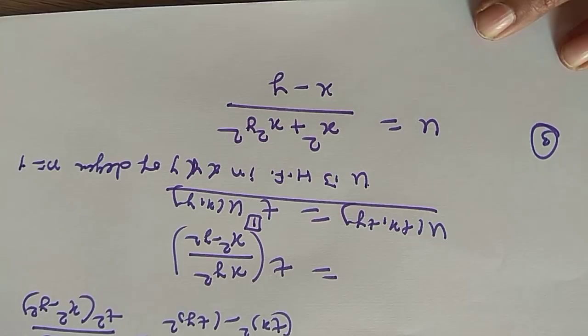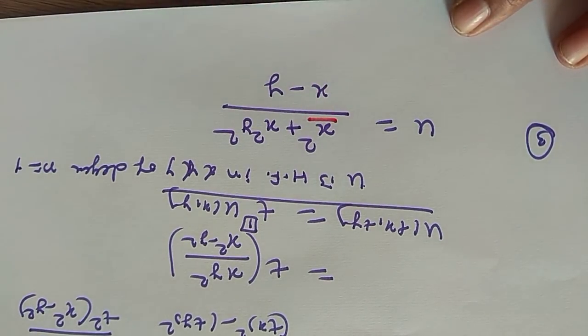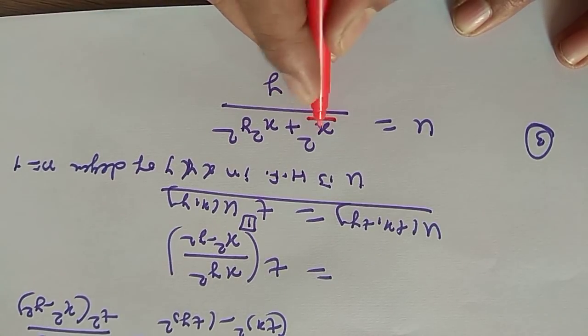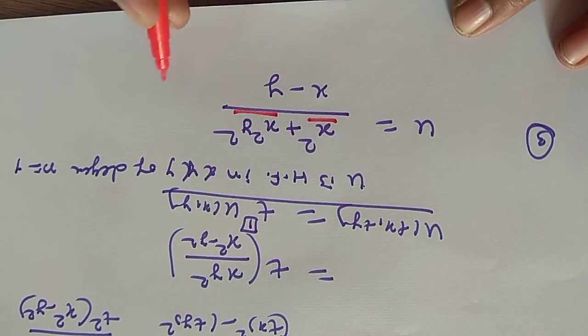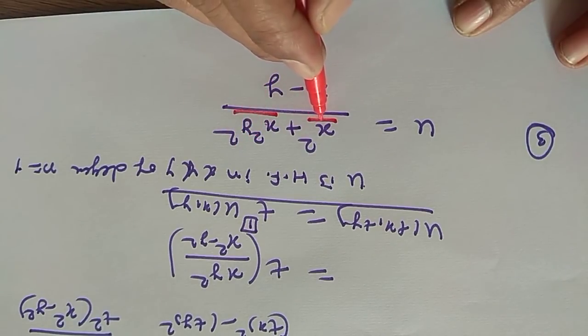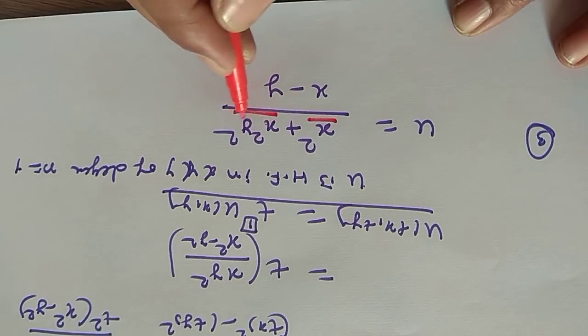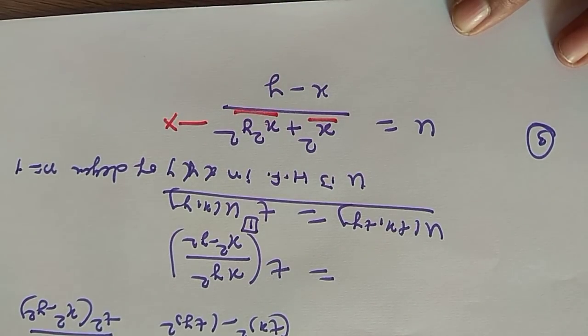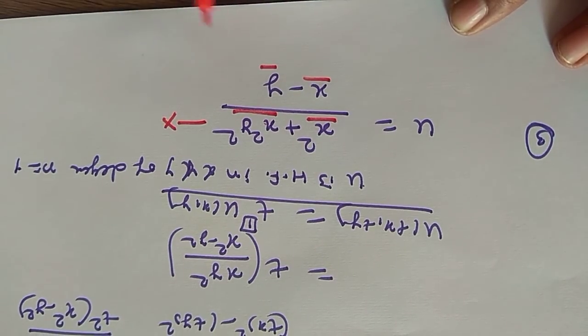Now in this example, we observe that the numerator is in addition terms, and the first term is of degree 2, the second term x square y square is of degree 4. Therefore this numerator is not homogeneous, even though the denominator is homogeneous. Means we'll say that this function u is not homogeneous.